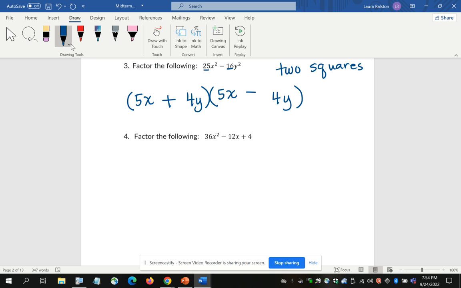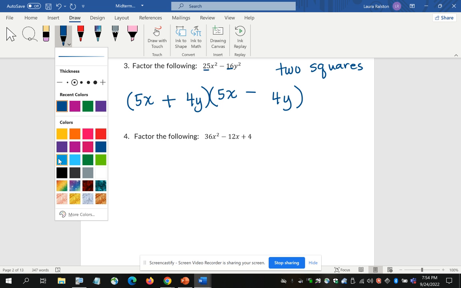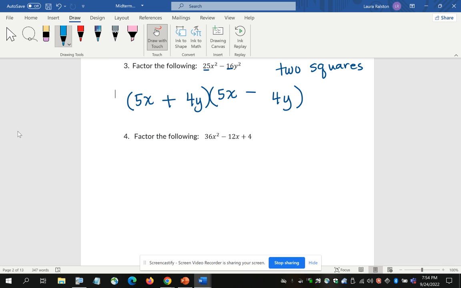Question 4 says to factor the following, and we have 36x squared minus 12x plus 4. It does strike me that I have a common factor of 4, which I could take out, but I'm just going to do it without taking the 4 out.